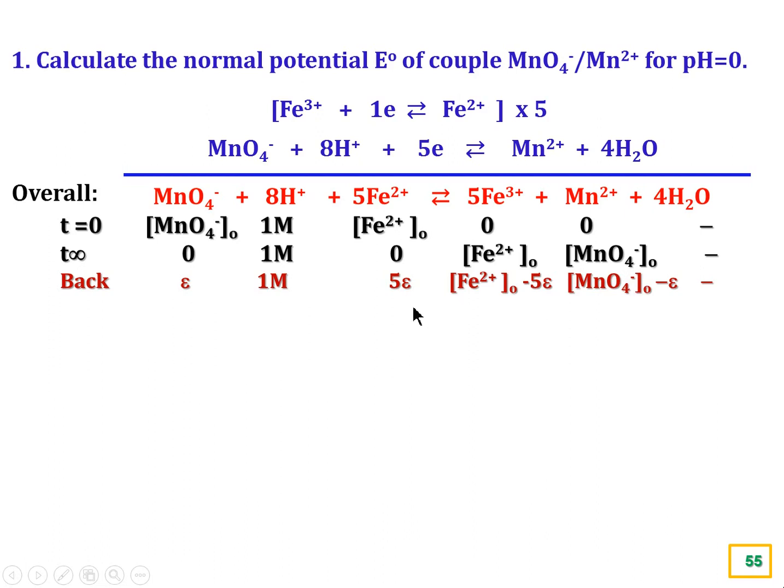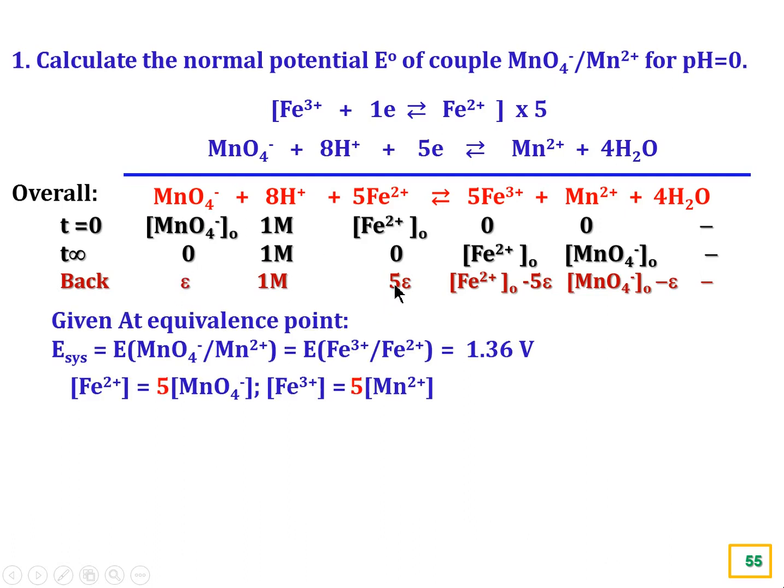Then the reaction will proceed in the backward direction, which is a very limited reaction. So MnO4- initial minus epsilon, Fe2+ minus 5 epsilon. We obtain 5 epsilon of Fe2+ and epsilon of MnO4-.